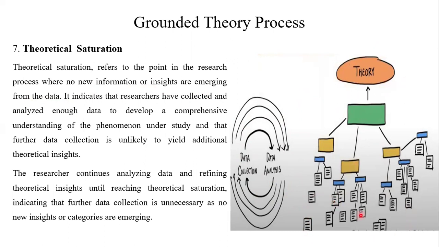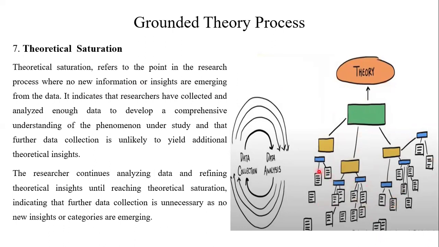So first you develop initial codes, then you develop some axial codes, and from axial codes you try to develop some selective codes. And after selecting codes, you get some additional data in order to generate some theory, some hypothesis, and from those hypotheses you are going to develop some theory. So this is the whole grounded theory process.